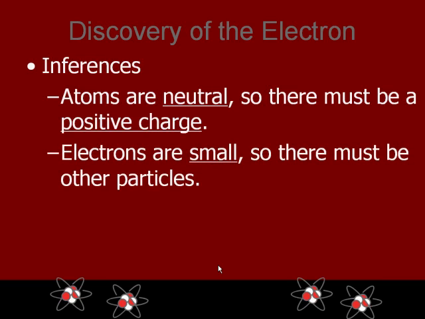Electrons are so small that they have very little mass, so there has to be some other particles that contribute to the mass of an atom. The positively charged particles are one of them, but the other particle that he's referring to are the neutrons. It is the neutrons that can differ between atoms of the same element that creates isotopes, which disproves another part of Dalton's atomic theory.